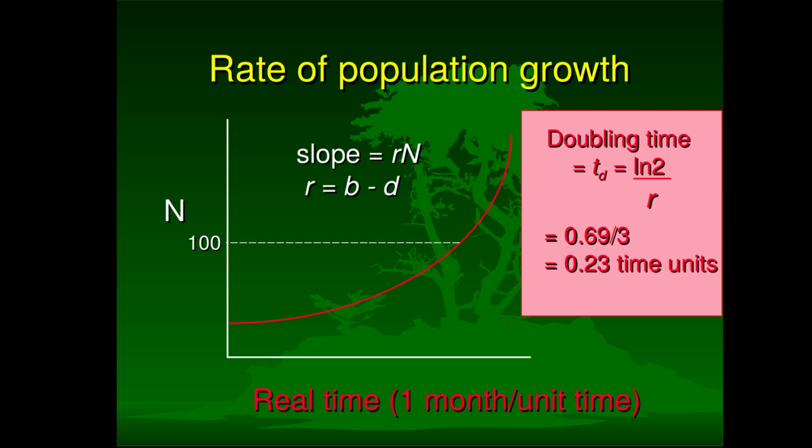So the doubling time of this population is 0.23, about a quarter of a month, or about 1 week. So the population size doubles every 0.3 time units, every 7 days.